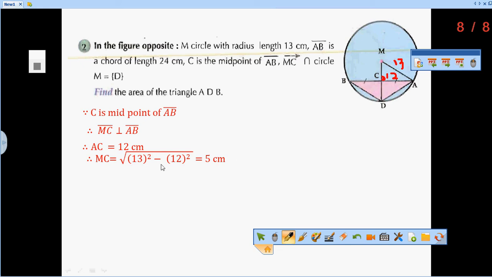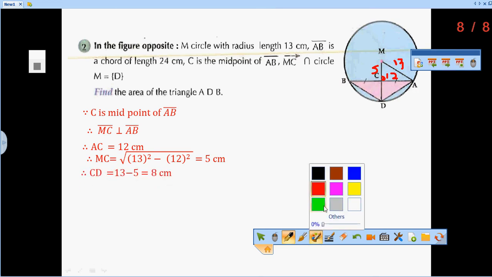Square root of 13 power 2 minus 12 power 2 will be 5 centimeters. Here I have 5. I wanted to find the length of CD, but we know that MD is a radius and its length is equal to 13. So to find CD, I can subtract 13 minus 5, it will be 8. Now I have the length of CD, which is perpendicular to the base, this side is equal to 8.